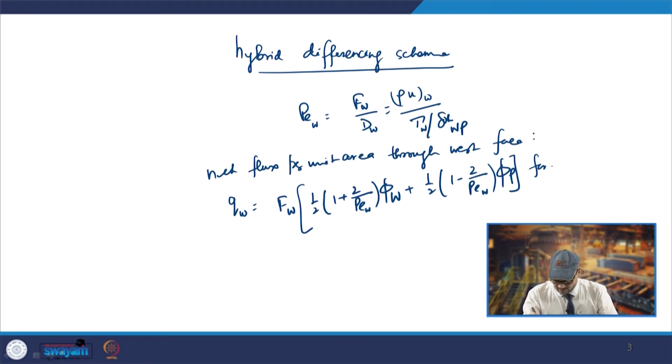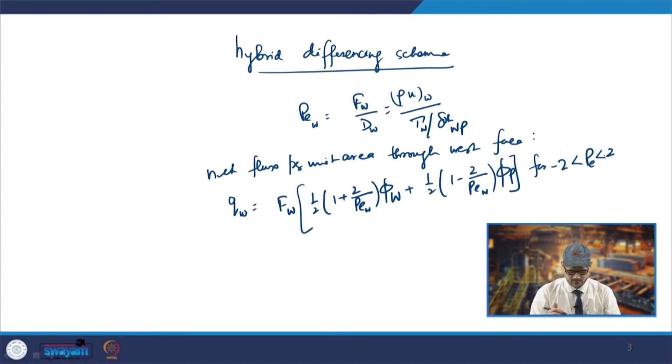So, for the Peclet number from minus 2 to 2, in between you will have this one, because minus 2 means the flow direction is changing. In those cases your net flux per unit area through the west face can be calculated using that.